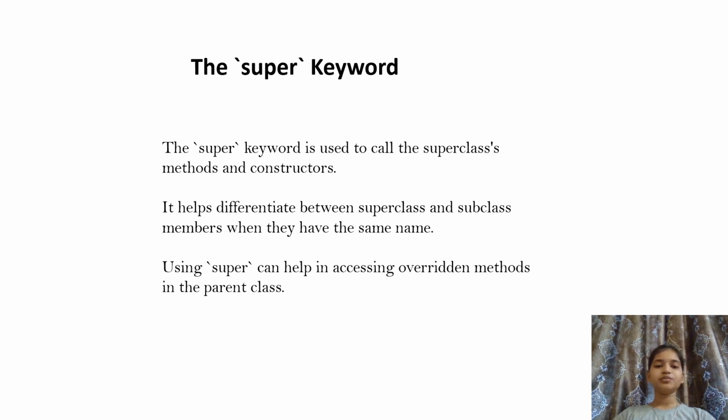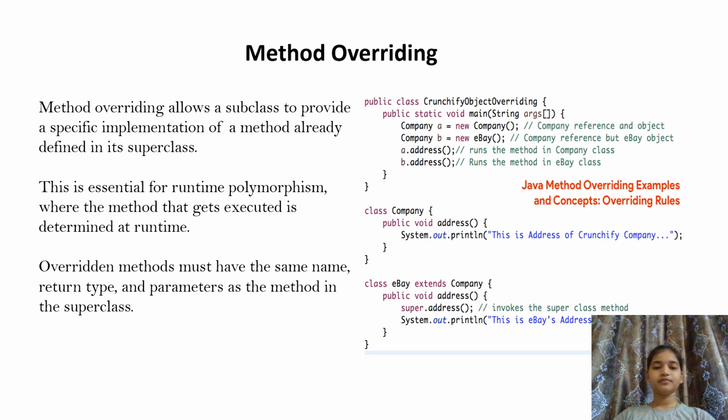This is also very important: the super keyword is used to call the superclass methods or constructors, and it helps differentiate between superclass and subclass members when they have the same name.